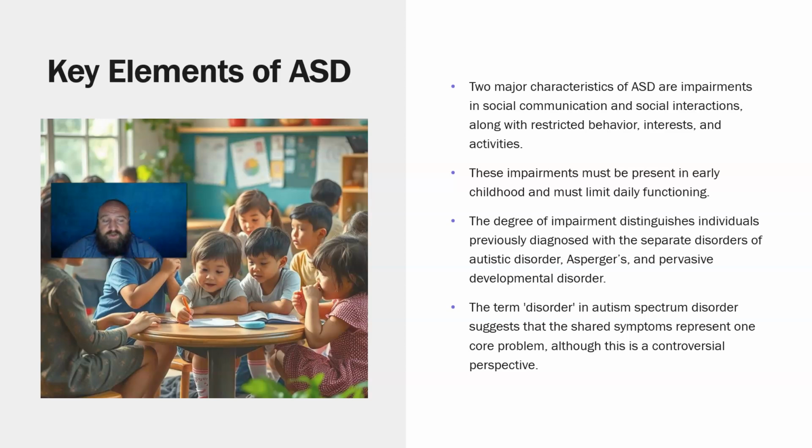The term disorder in autism spectrum disorder, ASD, does suggest that the shared symptoms represent one core problem. Again, though, this is difficult, and it's a little bit controversial because, one of the main reasons is, science really hasn't determined yet what the cause of autism is, or if there even is a cause versus several causes, which we talked about extensively in the first module.